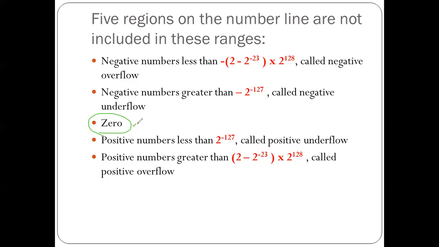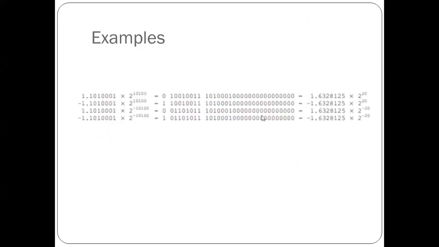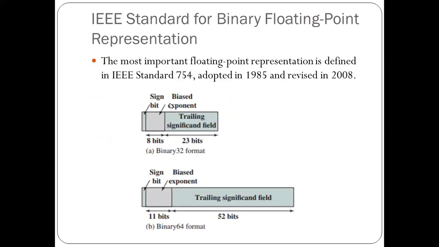So to give facility for representing 0, there are certain adjustments done in the IEEE standard. IEEE 754 standard was adopted in 1985. We have 2 standards in IEEE 754: single precision, which uses 32 bits, and double precision, which uses 64 bits. This we will see a bit later.